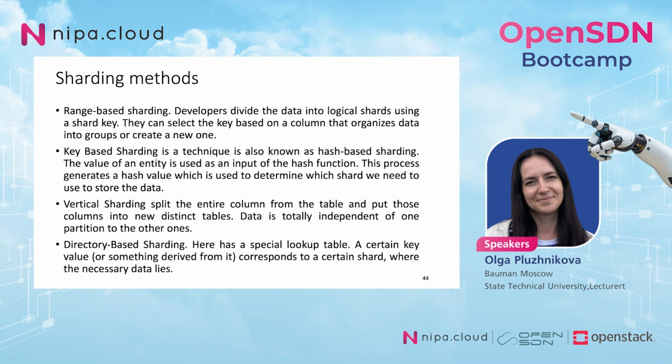Range-based sharding or dynamic sharding splits a database into shards based on a specific value range. Developers divide the data into logical shards using a shard key. They can select the key based on a column that organizes data into groups or create a new one.